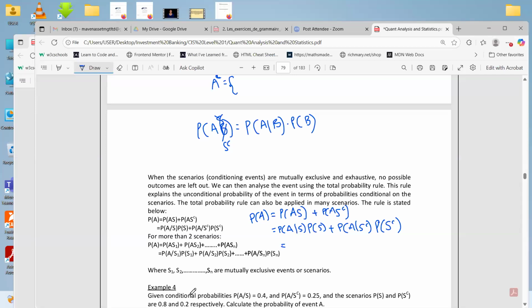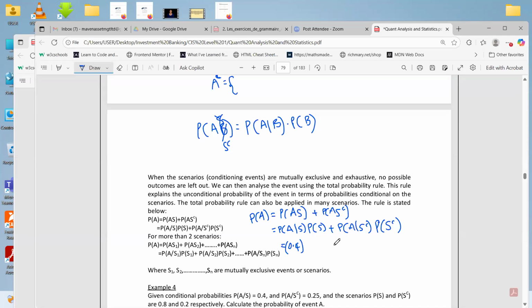So we go again. Given conditional probabilities, the probability of A given S is 0.4. See it here, 0.4. Then moving on, the probability of A given the complement of S is 0.25.